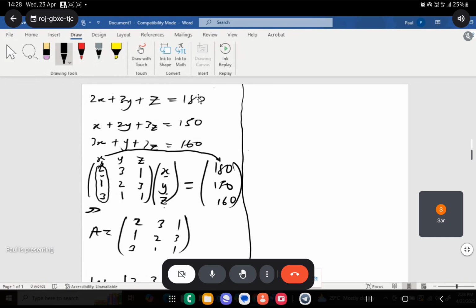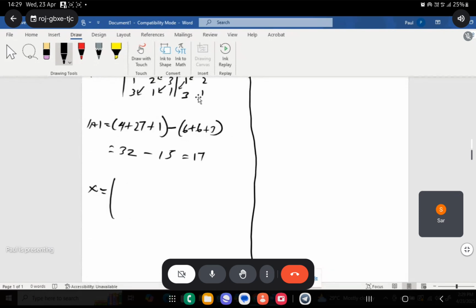The simultaneous equations, or the systems of equations, are equal to. Please, do you understand? So here becomes like, let me say, 180, 150, 160. Then we repeat the rest.